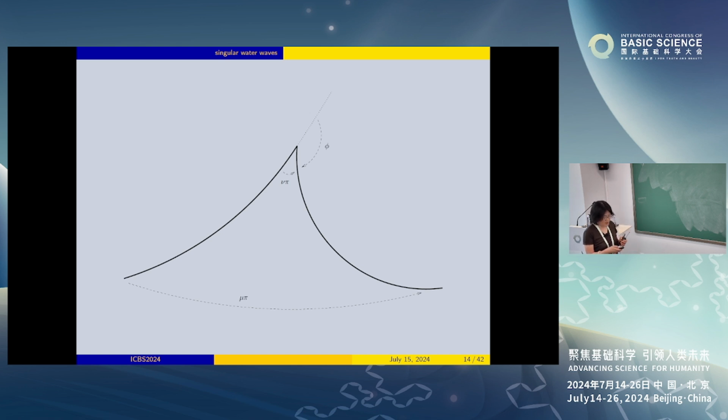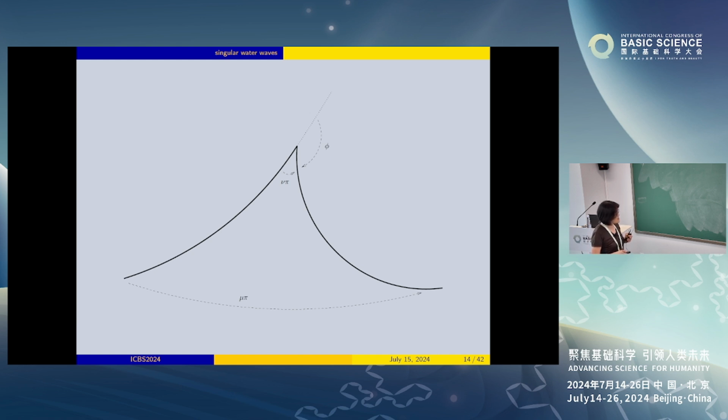It's very simple: you just plug into the Euler equation with a free boundary. Once you plug in, you realize you don't really have a lot of choice. There's no deep analysis. You just plug in and find you can only have a wave, if it exists, of this form.